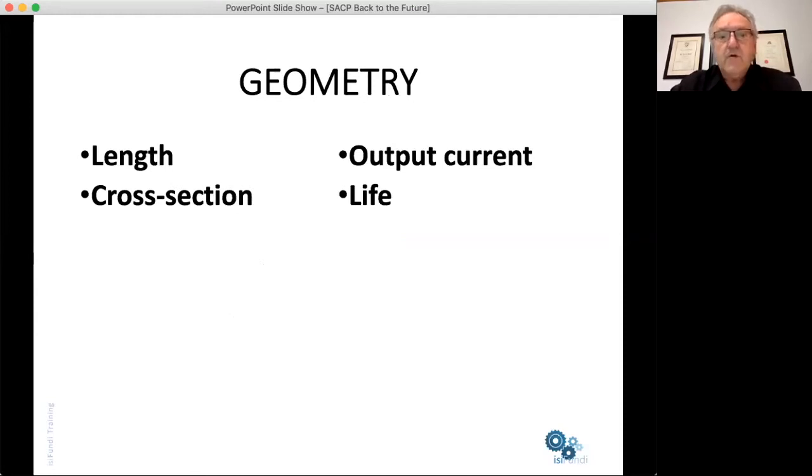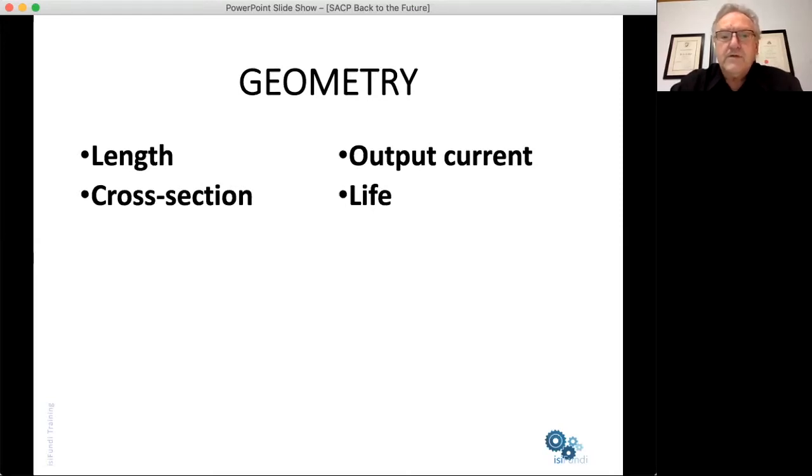So the longer an anode, the greater its output current, because the resistance of a long, thin wire anode is considerably less than that of a short anode. And the cross-sectional area of the anode determines how long it's going to last, because that gives us an indication of how much material is actually in the sacrificial anode.